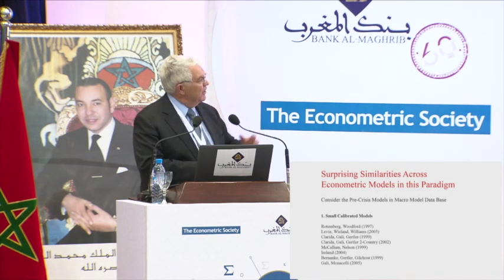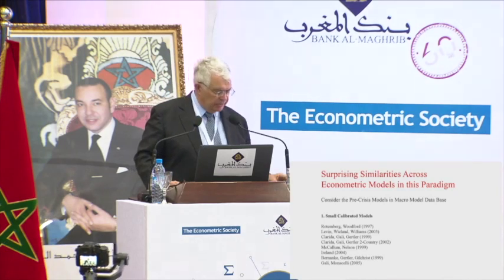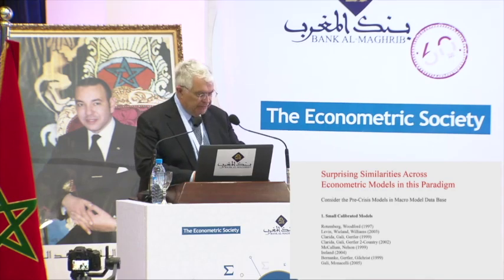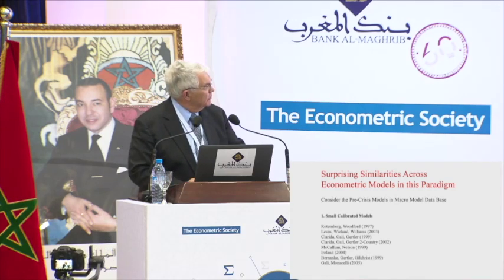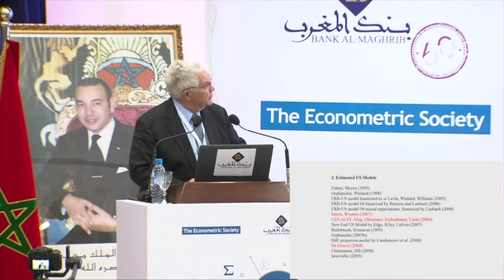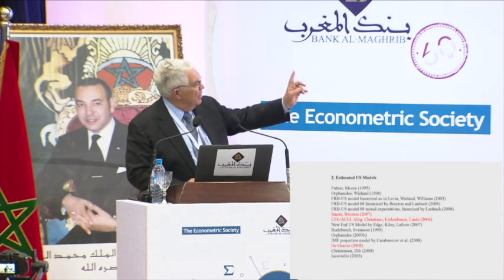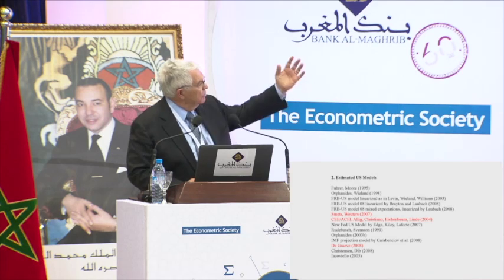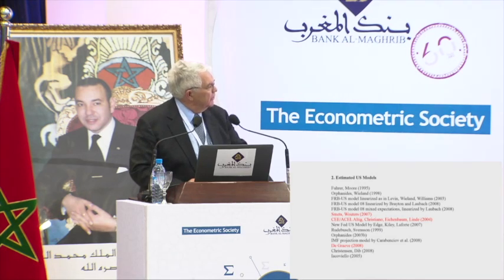This is just an example of the models that were in existence before the financial crisis of 2007, 8, and 9. Some were small and calibrated. Those are listed. Some of you may have heard of these or looked at these models. There are also some estimated models for the US. I've highlighted the ones in red because I want to look at those briefly for a minute. But again, a whole slew of models that people have used.